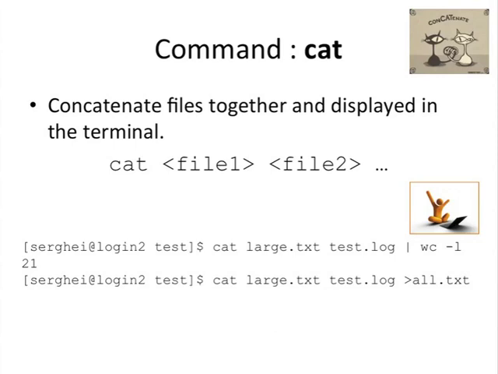Okay, so we covered cat, and we know the cat command stands for displaying the whole file onto the screen. But actually cat can do more, it can concatenate files. So given many files, you want to put them in order, so to concatenate, you just use cat and list the files in the order you want them to be concatenated.